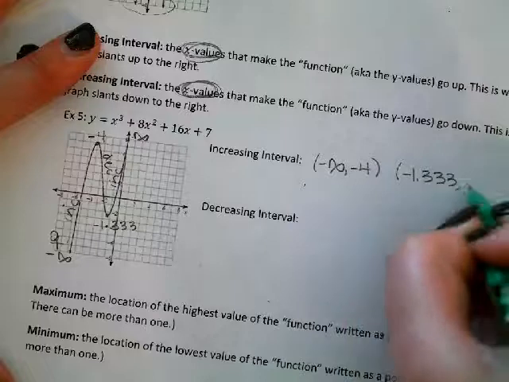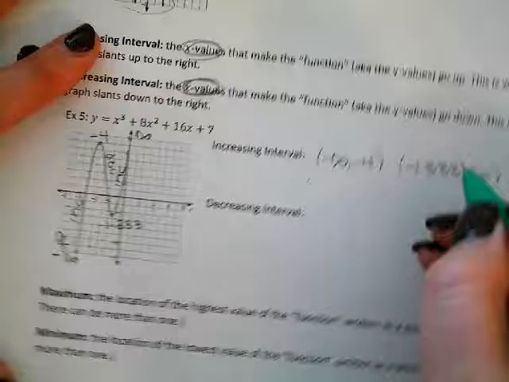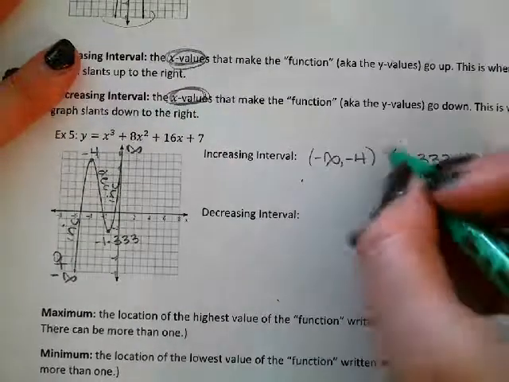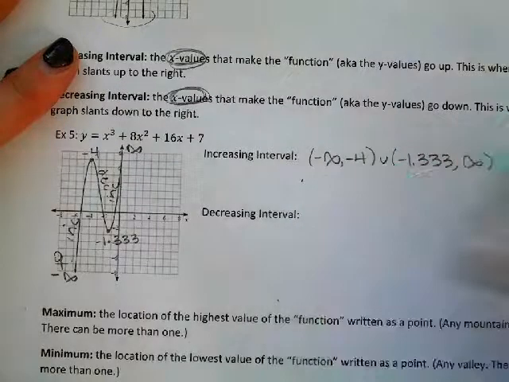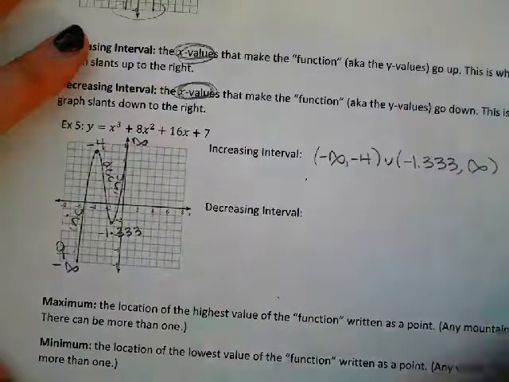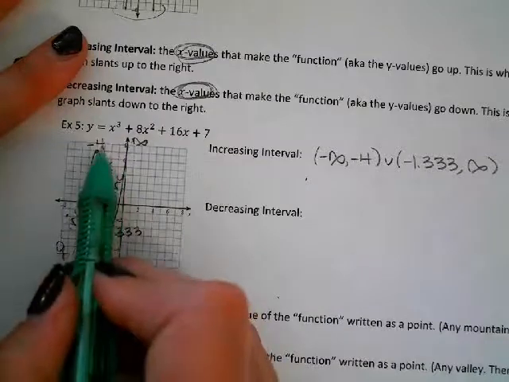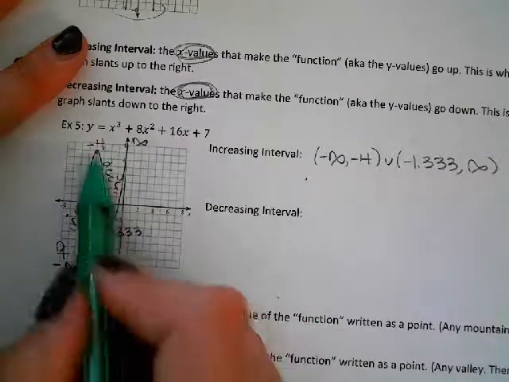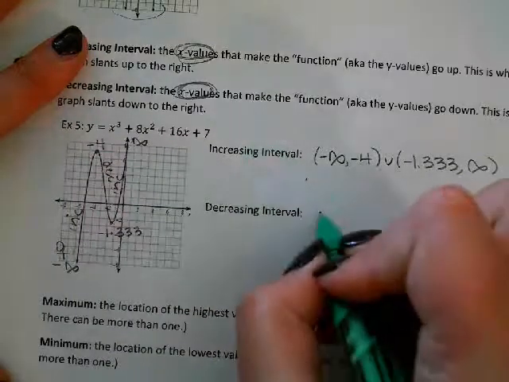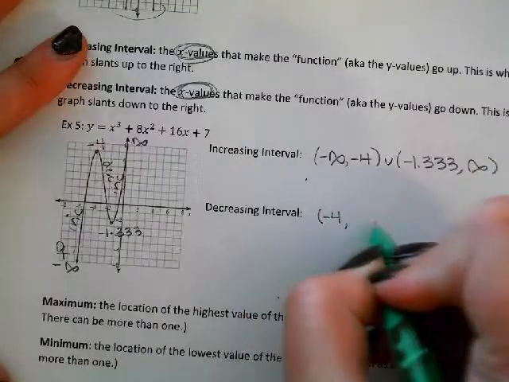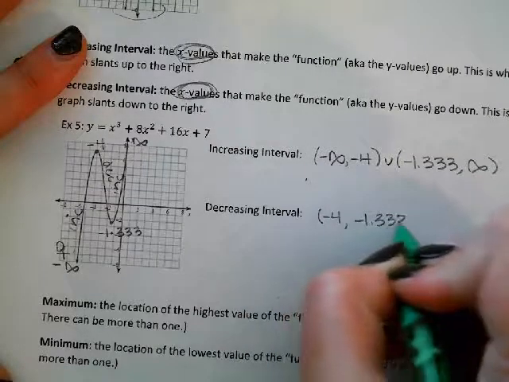And then since I have 2 answers that both have to be there for me to get the answer correct, I have to put a U in between. And then decreasing, I wrote in between -4 and -1.333, and so I'll write this down, -4, -1.333. There is my decreasing interval.